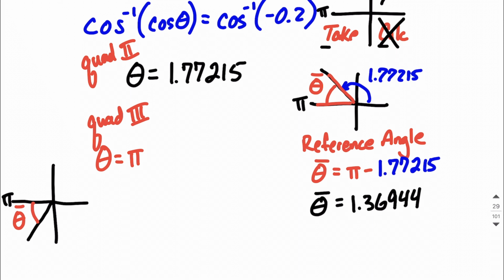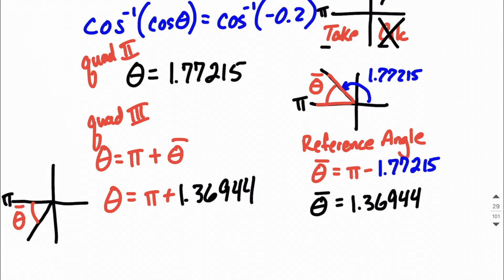It's going to be pi plus that reference angle. So in our case, theta is going to be pi plus that 1.36944 that we just calculated. So this is going to work out to be right around 4.5110.